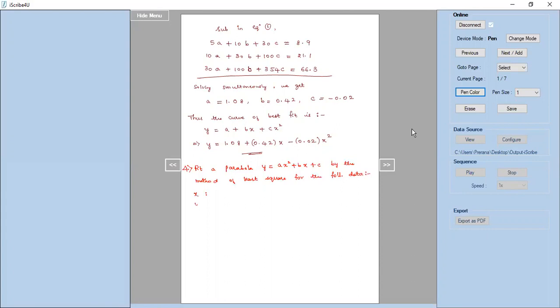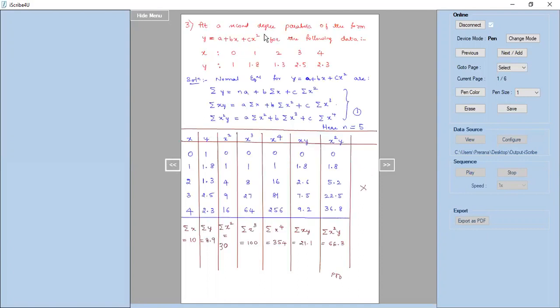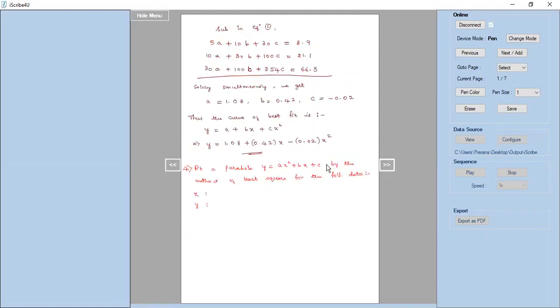For those set of values of x and y, we need to fit a second degree parabola of form ax square plus bx plus c. The previous one was of the form a plus bx plus cx square. Now I took another format of the question, that is ax square plus bx plus c. So given set of values of x are 2, 4, 6, 8, 10.